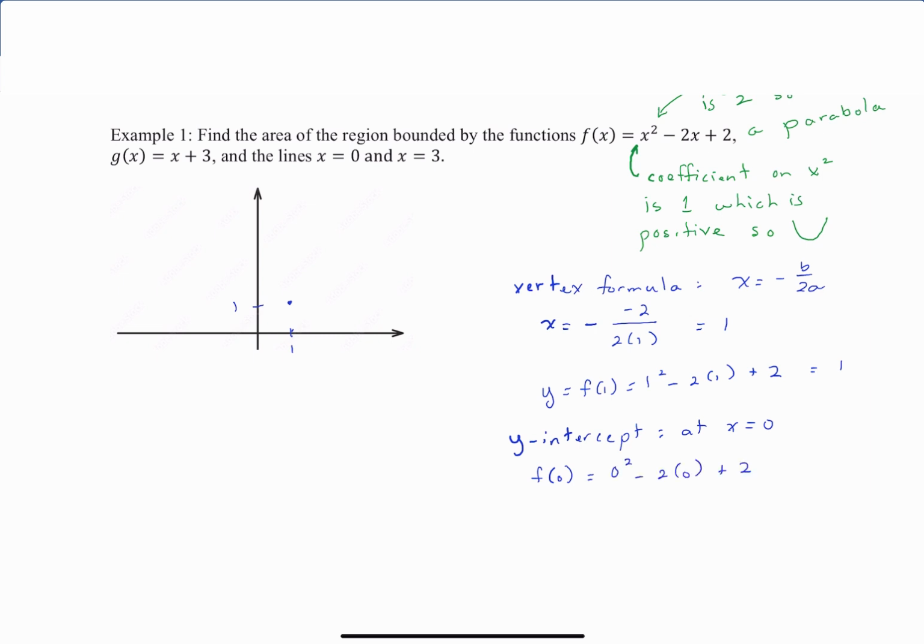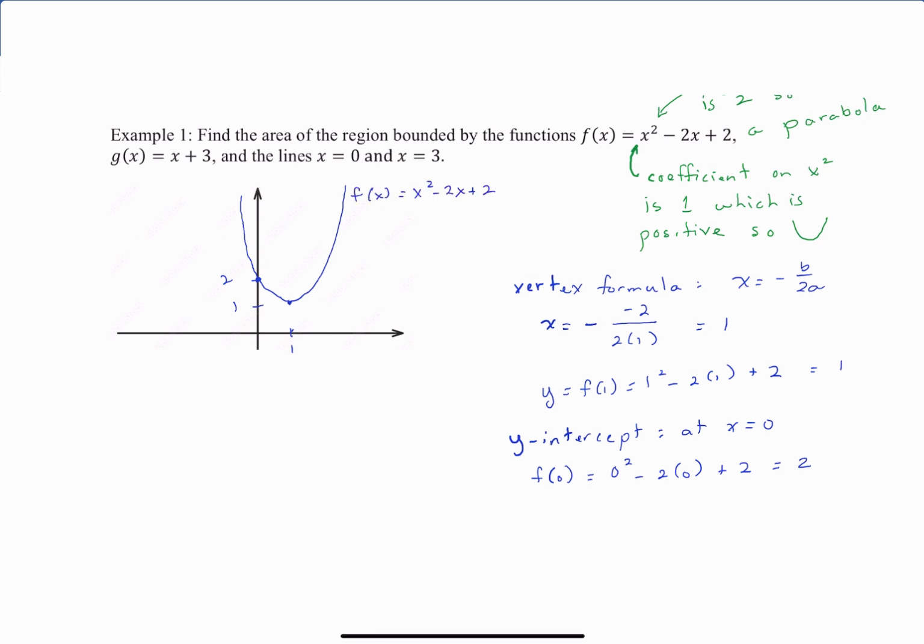So when you're figuring out the y-intercept, any term with an x gets wiped out by the 0, and you're left with just the constant term. So there's another dot on our parabola. And that's really good enough for us in this context. So we know our parabola looks something like that.